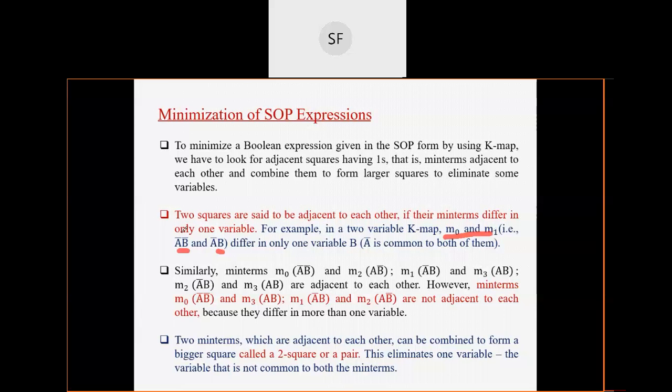Why? Because they differ in only one variable. Both variables should not be different, only one variable should be different.